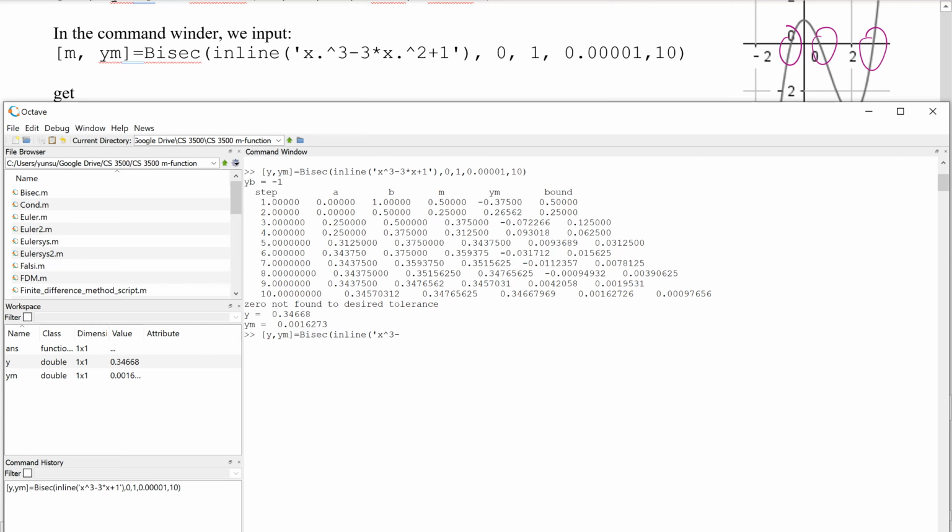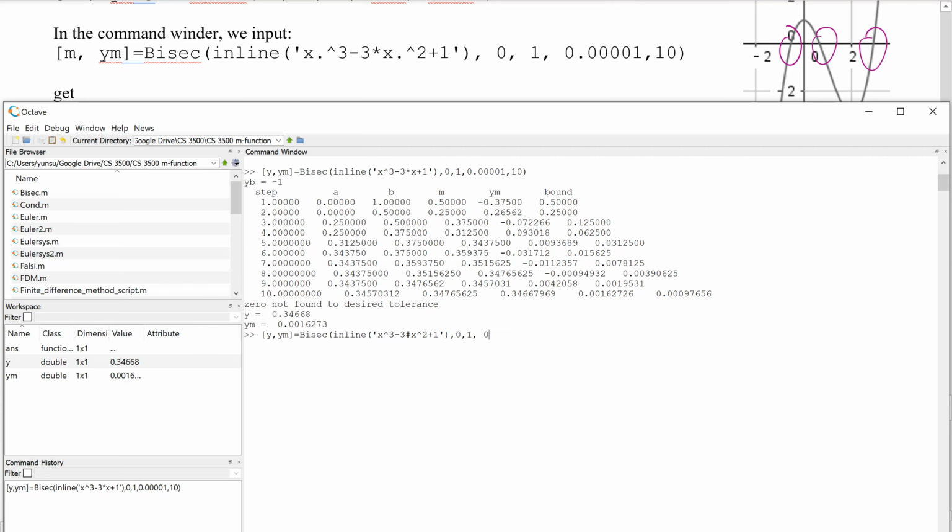Actually, I calculated in the previous step but forgot to do x squared there, so that's why you see I got a different answer. So don't forget to square this time, and then plus 1. Let's say we're looking for the root. From this picture we have 3 roots: one root between -2 and 0, one root between 0 and 2, and another root between 2 and 4. So let's find the root between 0 and 1.